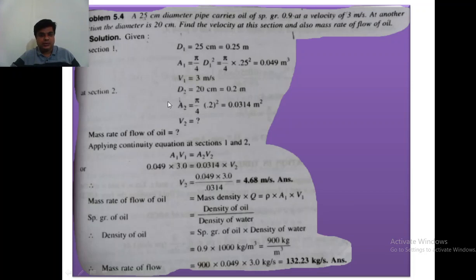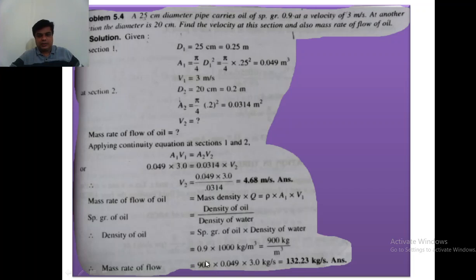So here he is asking you to find out the mass rate of flow. So mass rate of flow is nothing but the discharge times density, that will be equal to rho into a into v1. So rho is nothing but density of the oil, specific gravity is given. So specific gravity into density of water will give the density of oil. So multiply the specific gravity of oil by 1000, you will get the density of the oil. So density of the oil is 900.